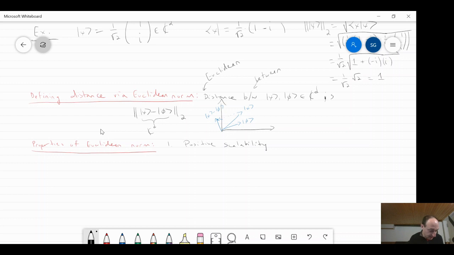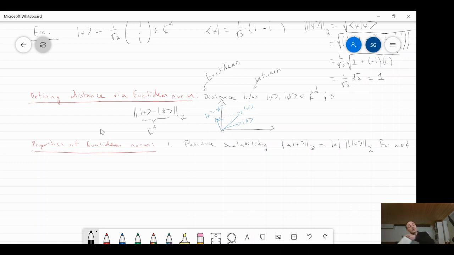And all that means is that if I take the norm of a vector psi times some complex number a, then that a just pops out and we take the absolute value of it. Okay, so this is for a in the complex numbers, exactly what you might expect.